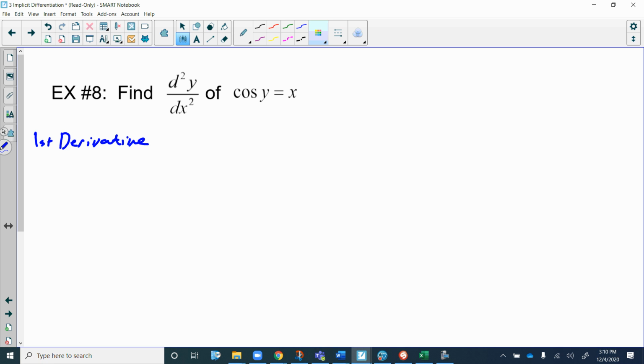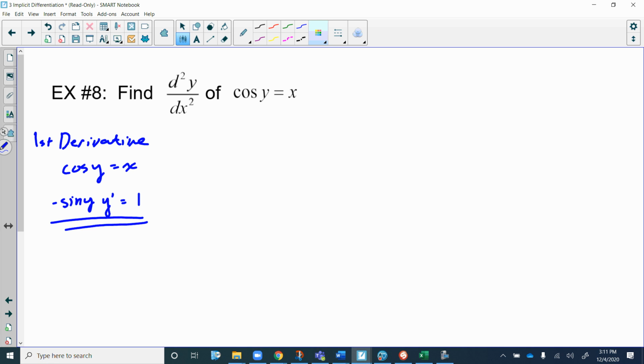Okay, so the first derivative: we have cosine of y is equal to x. The derivative of the cosine of the whole thing on the left would be negative sine of y, and the derivative of the inside part would give me my y prime, and the derivative of the right side is 1. So here is the first derivative.